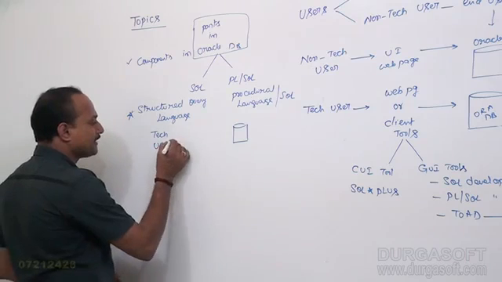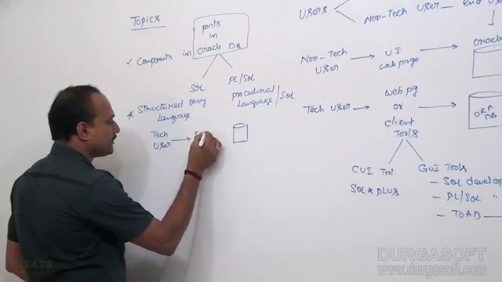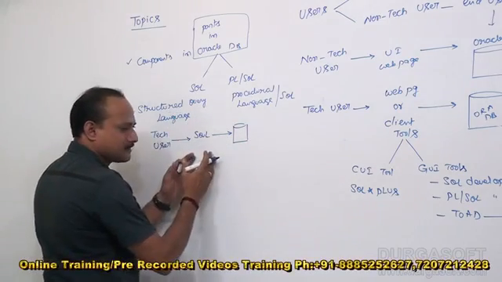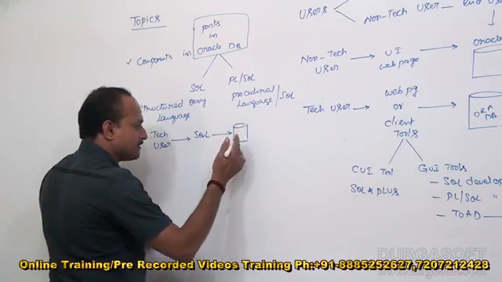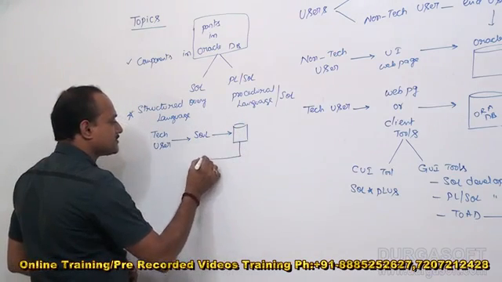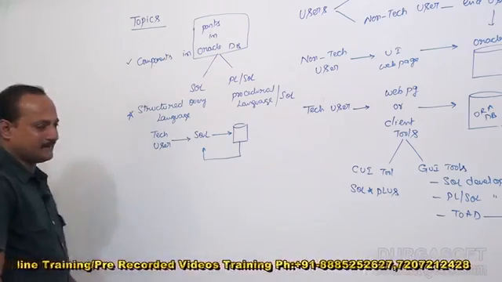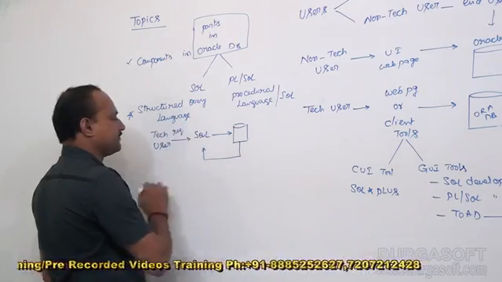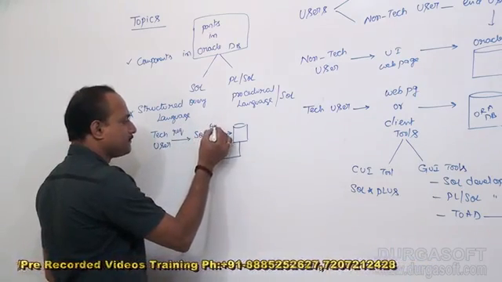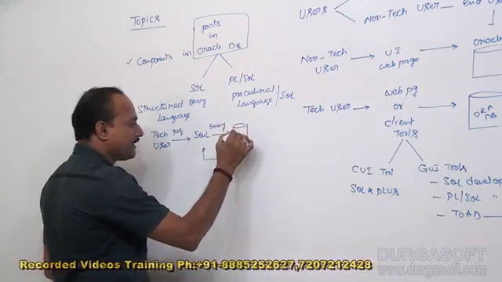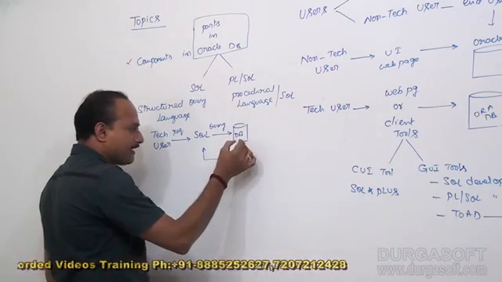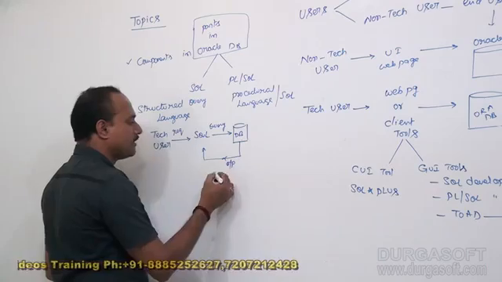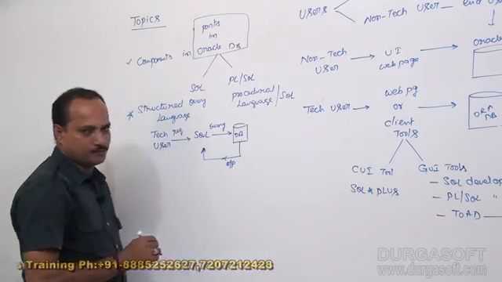So the technical user is communicating with the database through SQL. He makes an order, and the order is executed from the database. Here, a technical user is submitting a request. The request should be written in the form of a query. The query is executed against the database, and the output is replied in the SQL window.